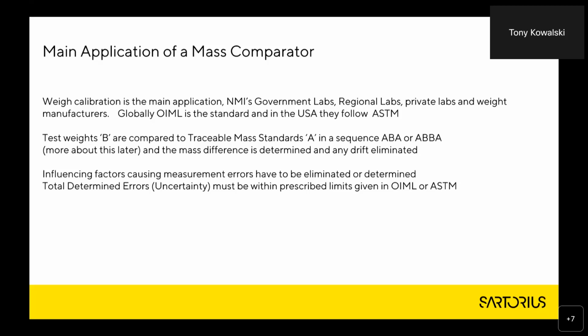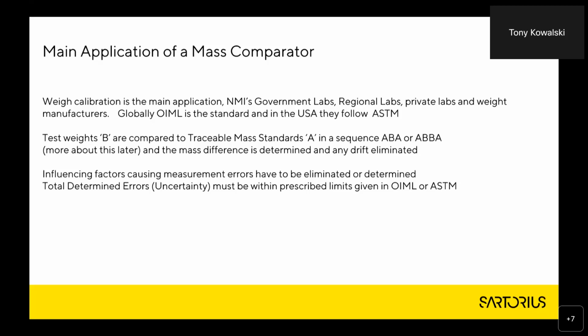This is what we call uncertainty, because in the OIML, we are given a maximum value for all of the cumulative errors in the process, and we must be within those limits that are given in the OIML, or for the Americans, the ASTM regulations. And very important is the uncertainty belongs to the process.